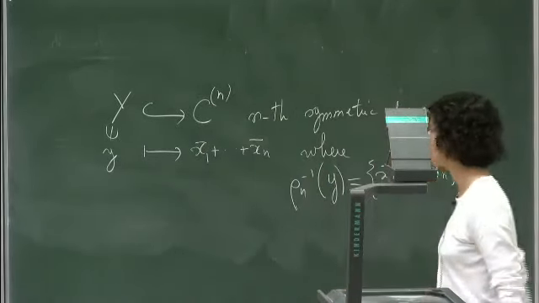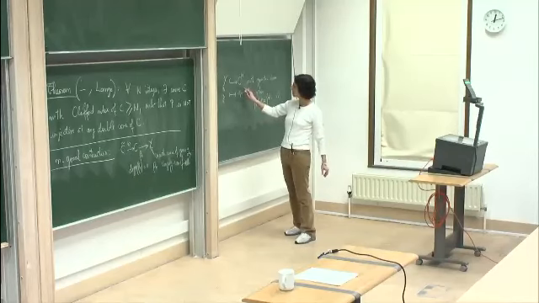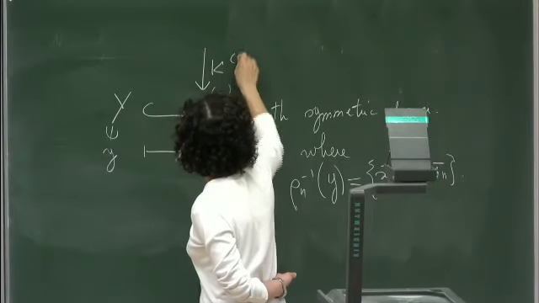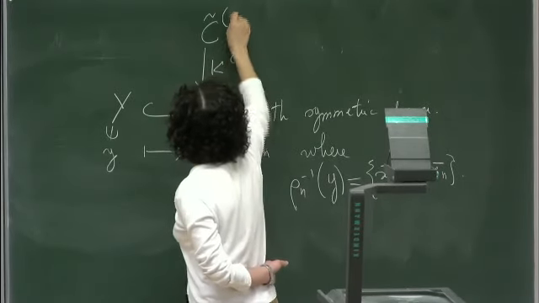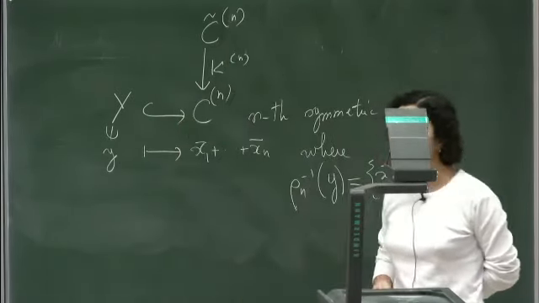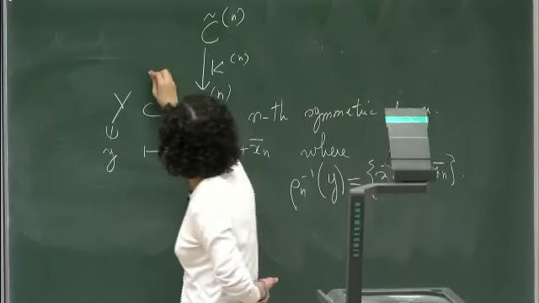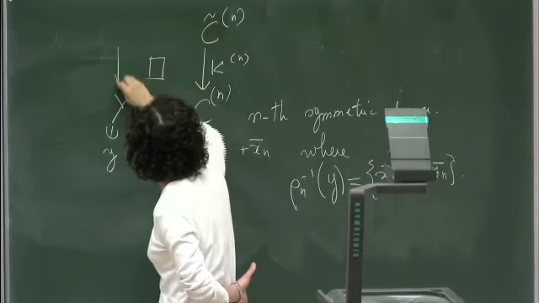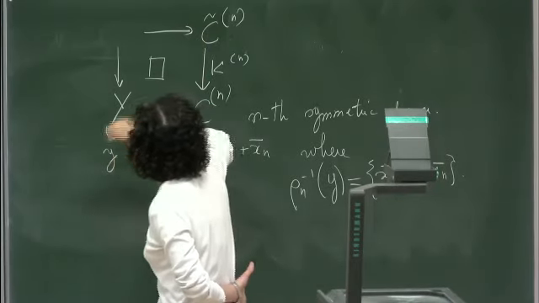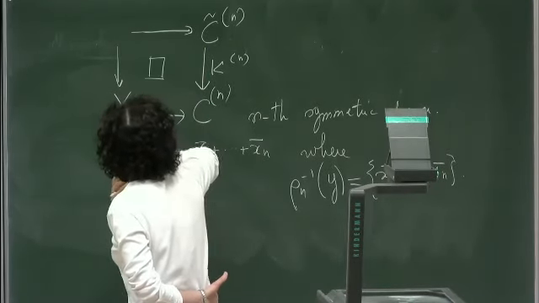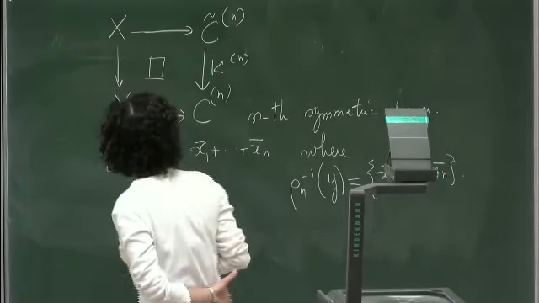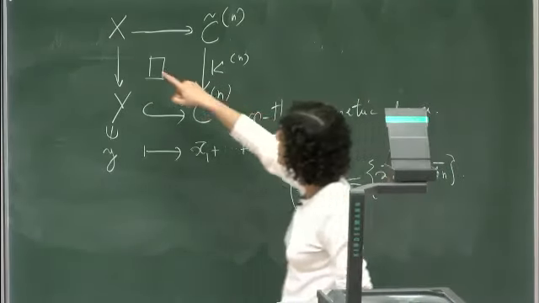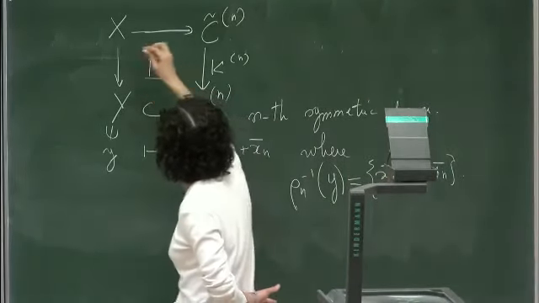And I'll just repeat that, so I'll get 2 times something in the divisor. Then I have the map induced by kappa^n, from C tilde^n to C^n. And I'm going to make a Cartesian diagram. I'm going to take the fiber product of these two over C^n, and I will call this one X. So X is by definition the fiber product.